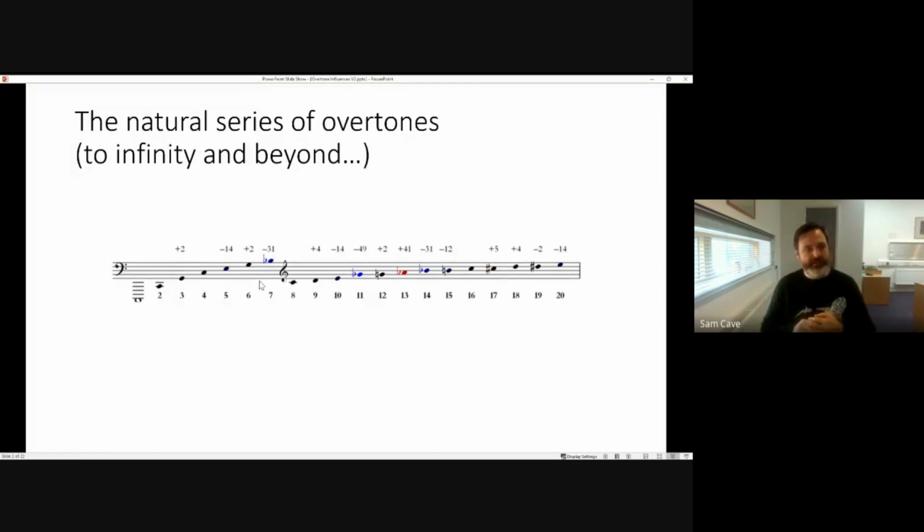What's written out here is the overtone series of C, a very low C, from the first partial, the fundamental, up to the 20th partial. One way of considering this series is to understand the intervals that are created, i.e. the second partial is the octave above the fundamental, and the third partial is the octave and the fifth, and so on. Or one can consider it as a set of frequencies.